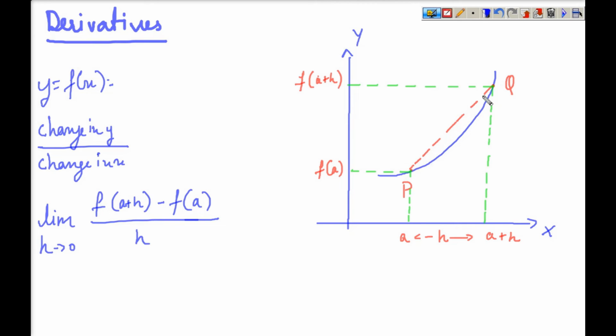The y part is f of a plus h minus f of a, divided by a plus h minus a, which gives us only h. So this gives us the slope of the line PQ, but here we need to find the slope of this function at point P. So this is the point P, at a, f of a, and this point is a plus h, f of a plus h.